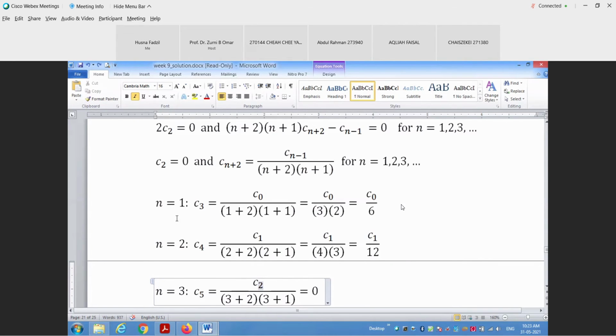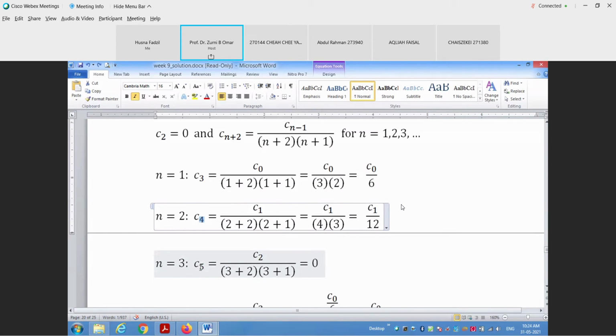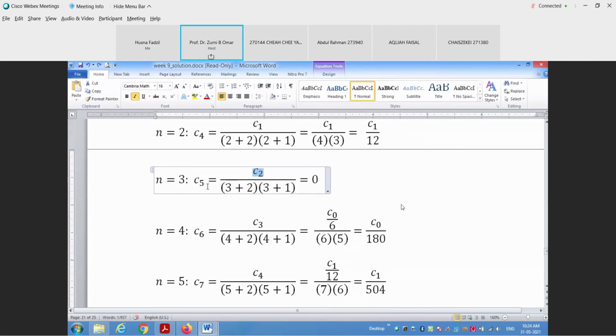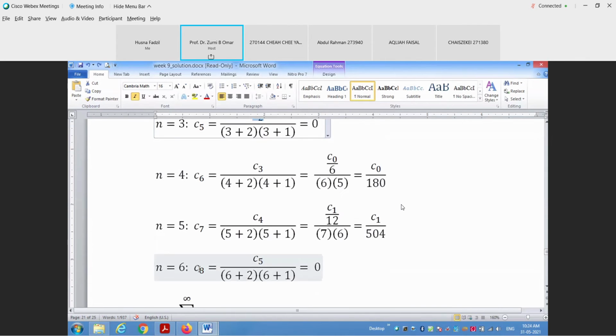When n equal to 1, it depends on C naught. When we have C odd, it depends on C naught, when C even it depends on C1, and then here C5 now becomes 0. Okay, so we have C naught, C1, C2. When C2 is 0, this one will be 0, and then another one, C5 is 0, and then C8 will become 0 as well. Okay, C5 0 and C8 0.